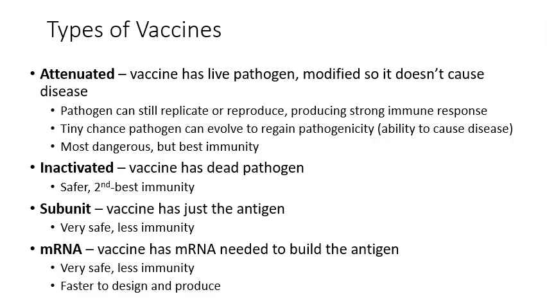So you introduce that mRNA into your cells, and your cells will use the mRNA to build protein off of it. They're going to start building the spike protein, and they put it on the cell surface, and then your immune system can come by and see it and have a response. This is also a very safe kind of vaccine, but like the subunit vaccine, it doesn't give fabulous immunity, so you would probably need boosters.